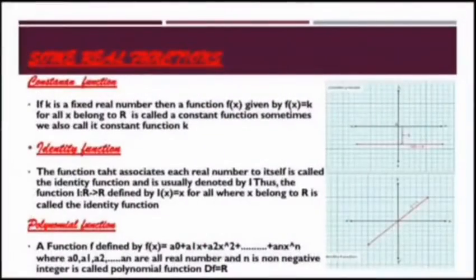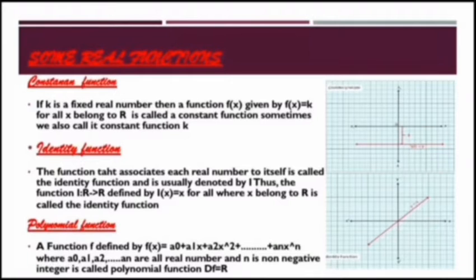Now we shall discuss some real functions through graphs. The first one is the constant function. As we can see in the figure, its graph is a straight line parallel to the x-axis. Identity function.